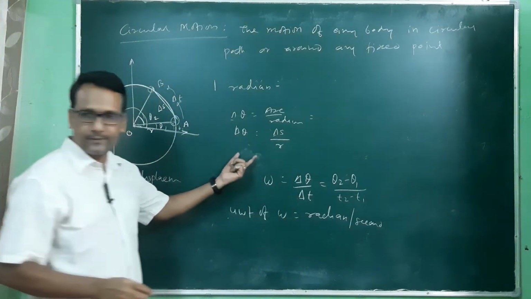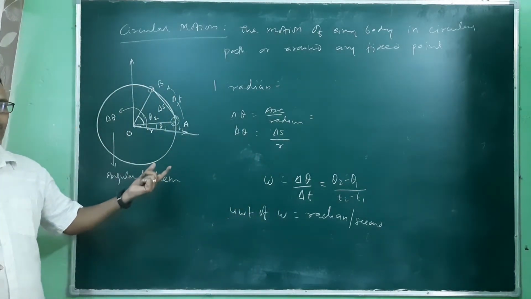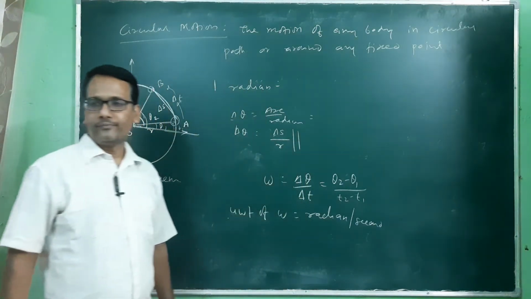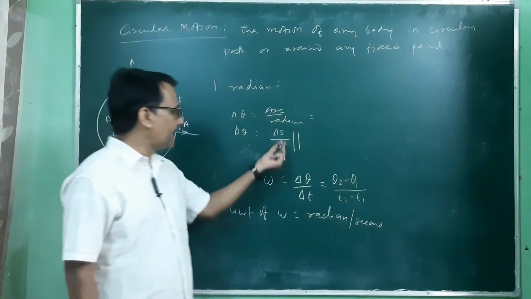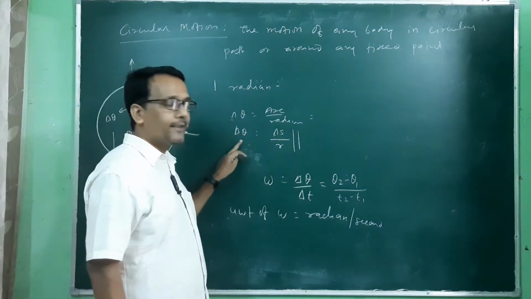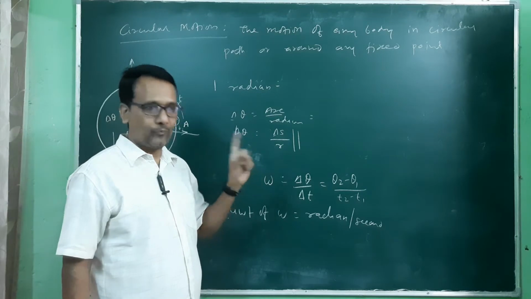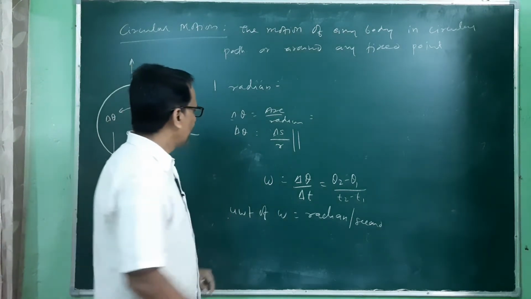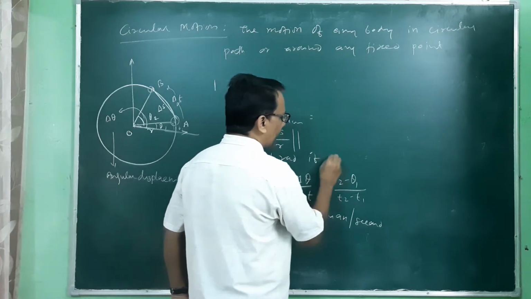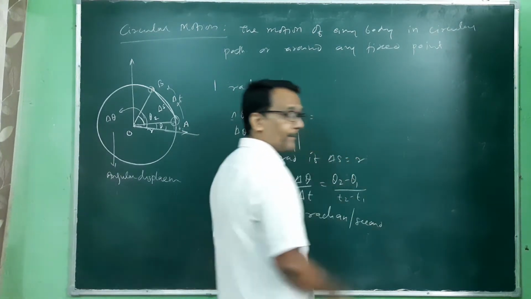We have defined this. If this delta s is equal to r, then this delta theta will be equal to 1. So this delta theta is equal to 1 radian if delta s is equal to r.